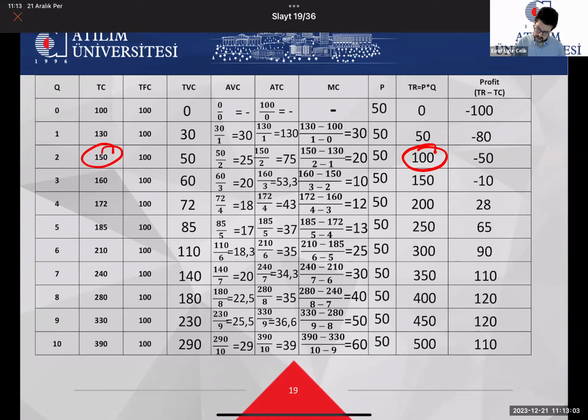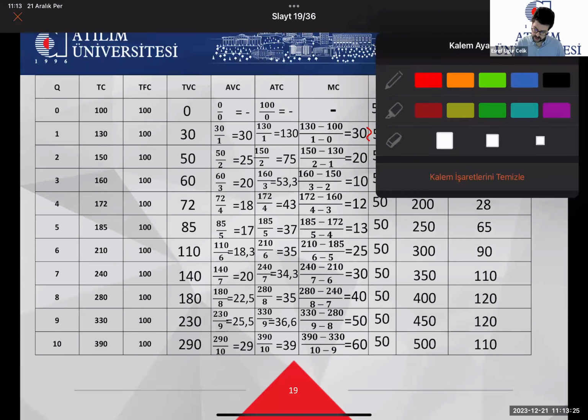And the question asks, which point can we choose to produce, or which quantity? The point is where price is equal to marginal revenue. As long as marginal revenue is greater than marginal cost, we keep going to produce it. Sorry, I wrote it wrongly.